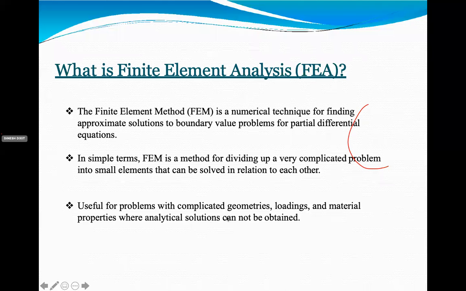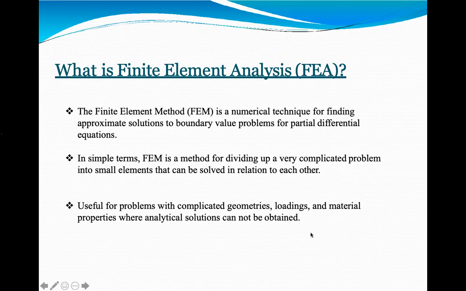So the geometry may be complex, loadings may be complex, and sometimes material properties are not linear. Whatever we studied in strength of materials, we were simply using sigma equal to E times epsilon, so stress over strain is equal to Young's modulus. We were analyzing using Hooke's law only, in the elastic limit only.